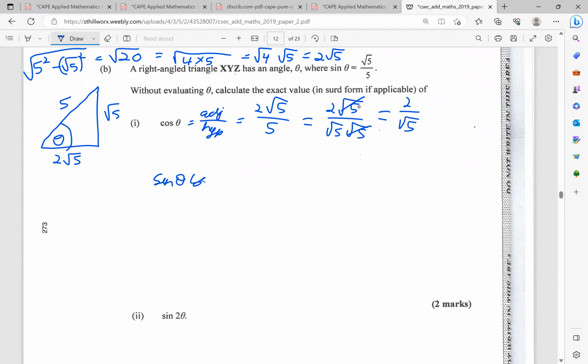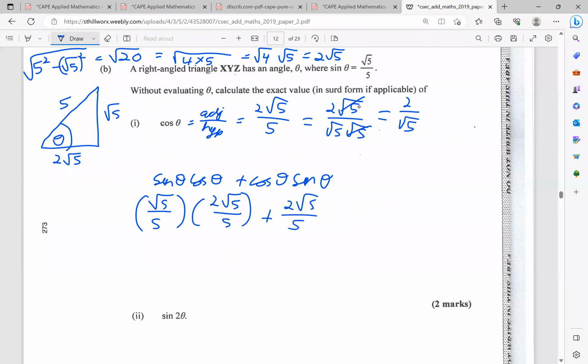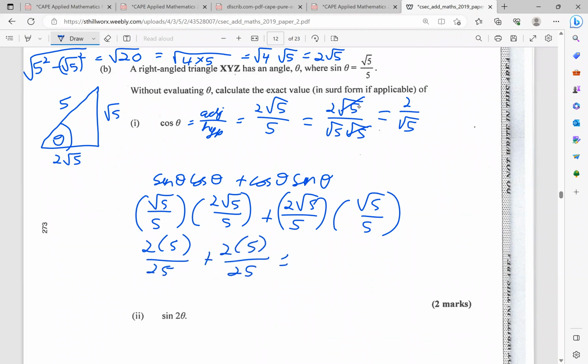Sine theta cos theta plus cos theta sine theta, which is root 5 over 5 by 2 root 5 over 5 plus 2 root 5 over 5 by root 5 over 5, which becomes 2 by 5 over 25 plus 2 by 5 over 25, which is 20 over 25 or 4 over 5.